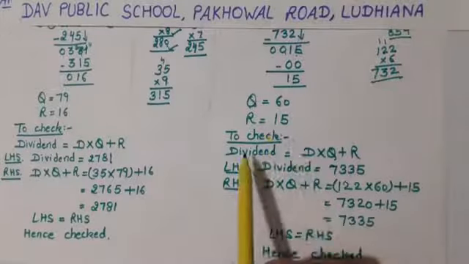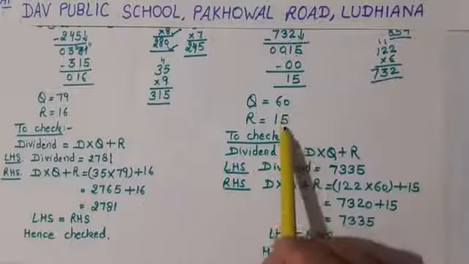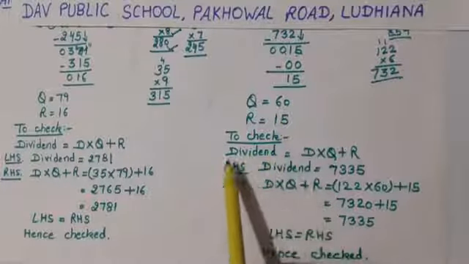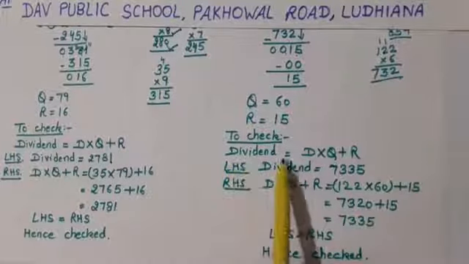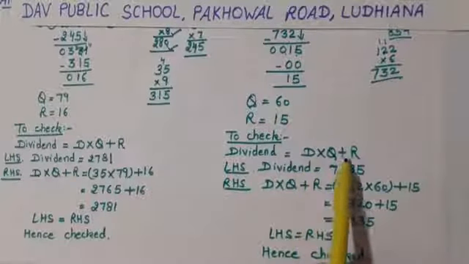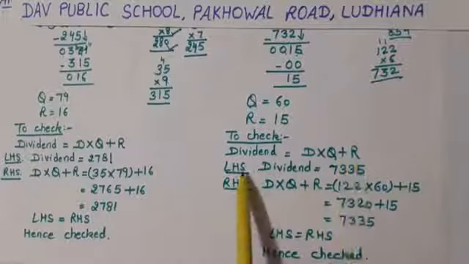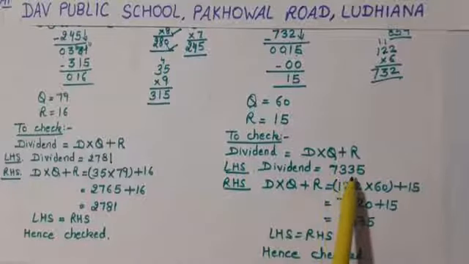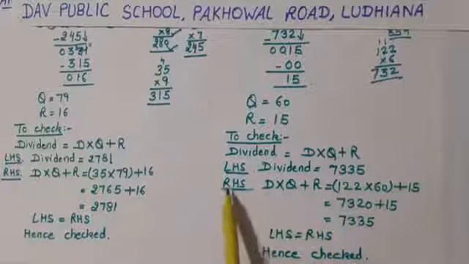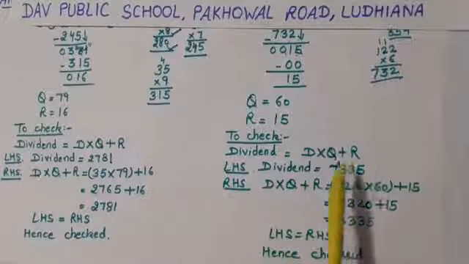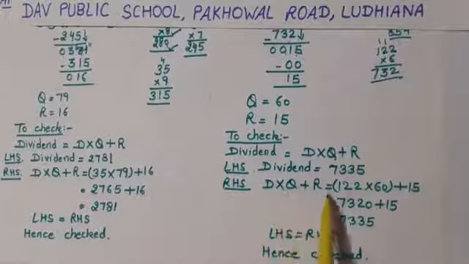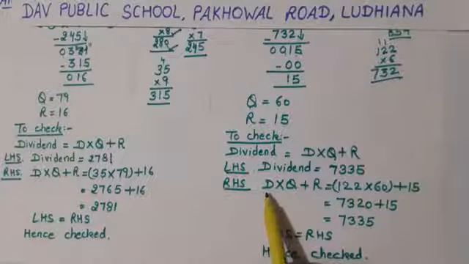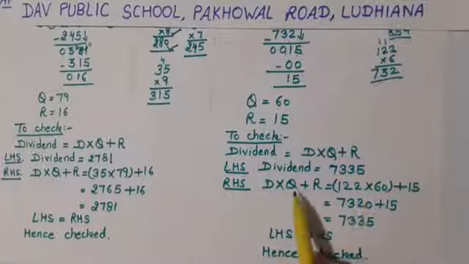Now we will check whether our answer is correct or not. To check, we will apply dividend is equal to divisor multiplied by quotient plus remainder. First of all, we will take left hand side. Left hand side is dividend. Dividend is 7335. Now we take right hand side, RHS. RHS is D multiplied by Q plus R. D is for divisor. Divisor is 122 multiplied by quotient.